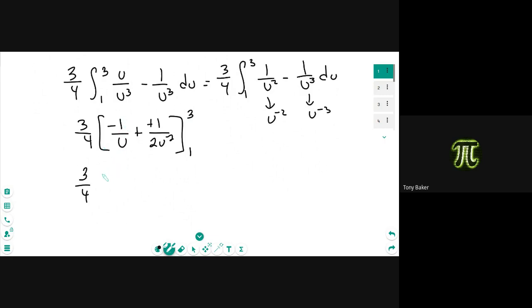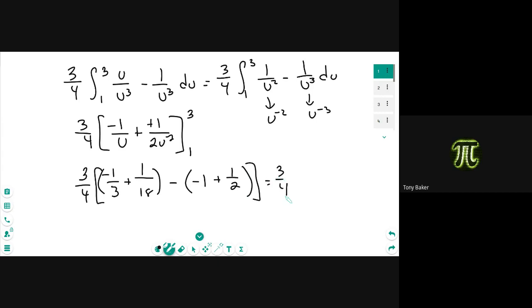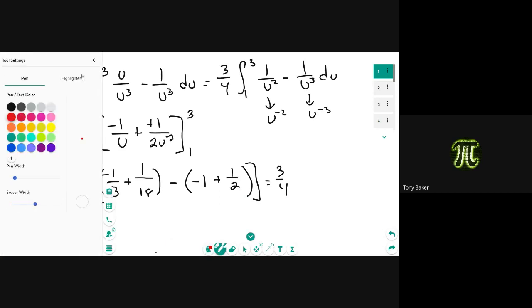So I have negative 1/3 plus 1 over 18 minus negative 1 plus 1/2. So let's see, I change everything to 18s.